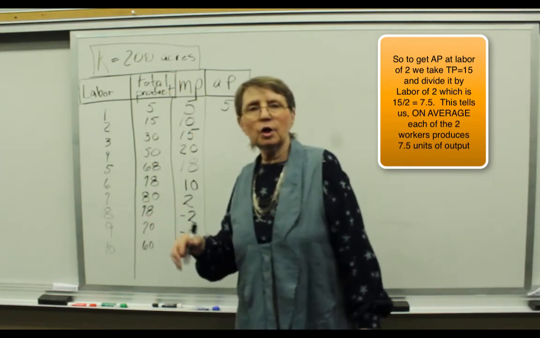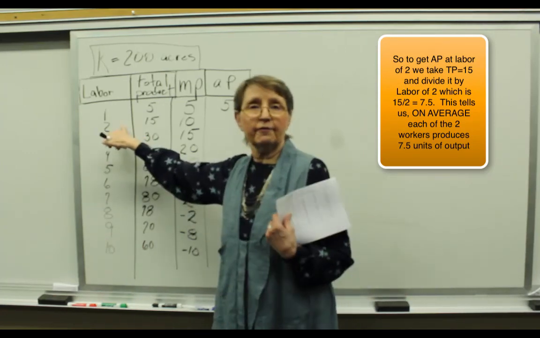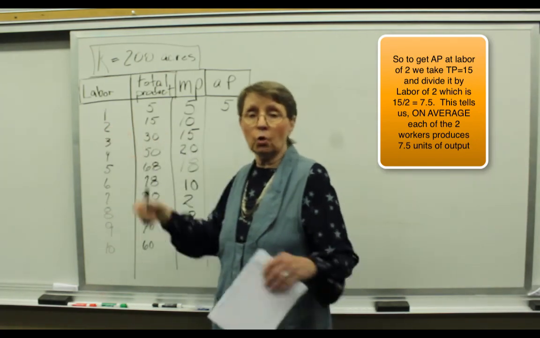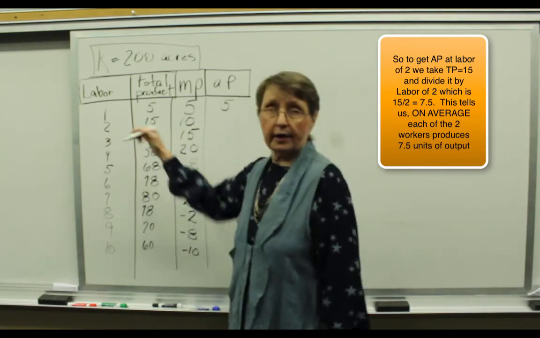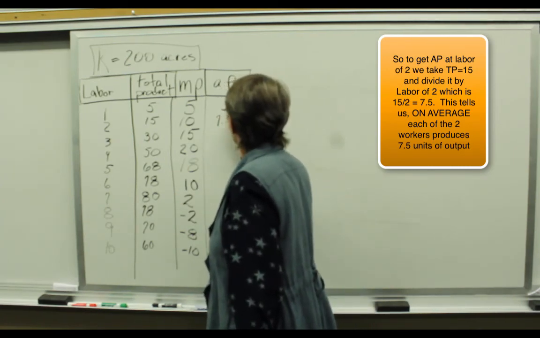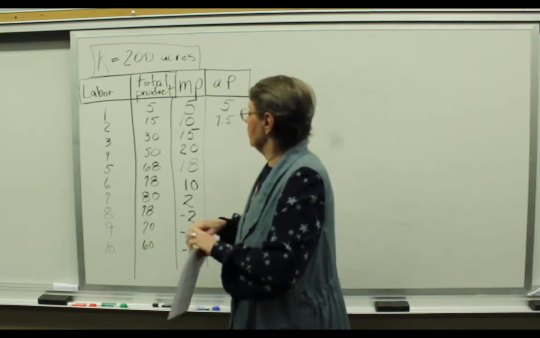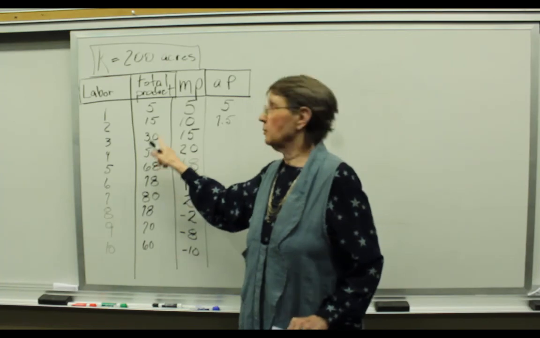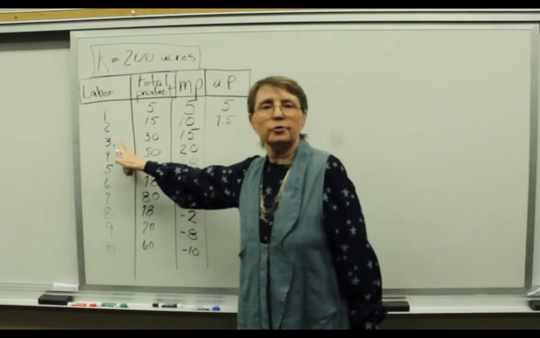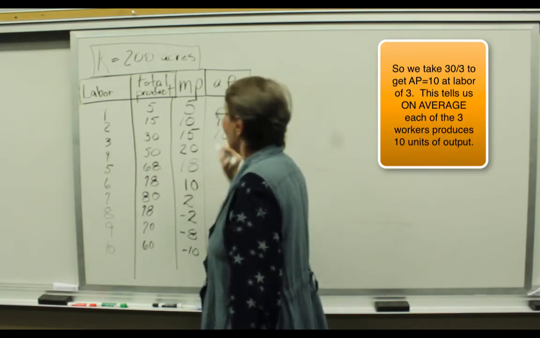And if I want to know the average productivity of each of my variable inputs, then I've got 15 bales and 2 workers, so on average each of my workers is producing 7.5 bales. If I use 3 workers, I get 30 bales on my 200 acres, and so each of my 3 workers on average is producing 10 bales.